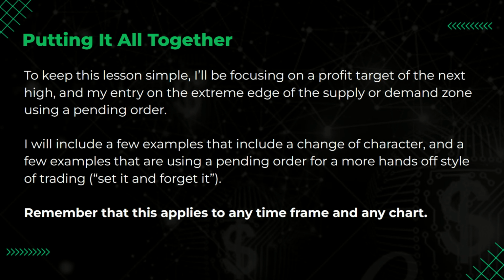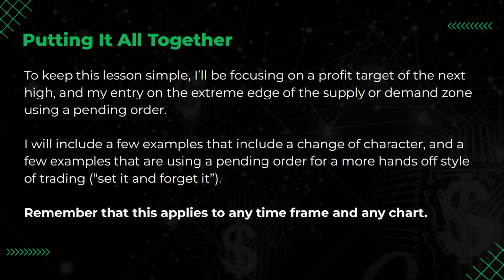In some of the previous videos, we talked about using a fixed risk to reward ratio for your profit target, or taking partials at different levels, either fixed risk to reward or an actual technical level on a chart. But for this example, just to keep it really easy, I'm just going to use the next high, which is basically where the break of structure starts to retrace back down into the supply or demand zone.